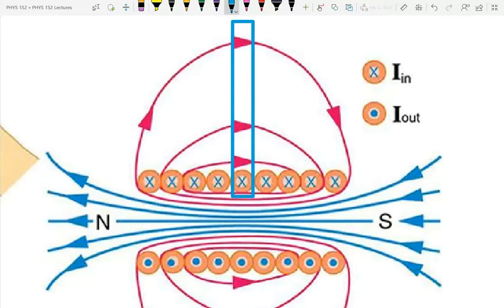And you might be like, why? Reasonable answer. First, we have to make an assumption. Assume a long solenoid. Why make an assumption of a long solenoid?